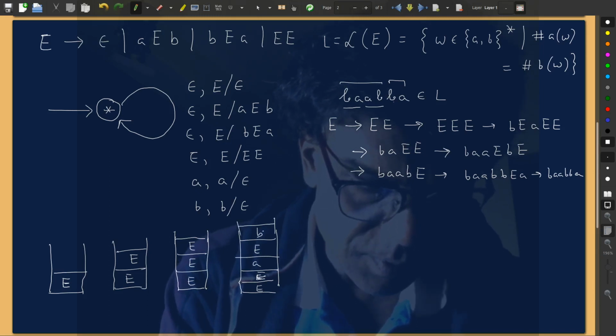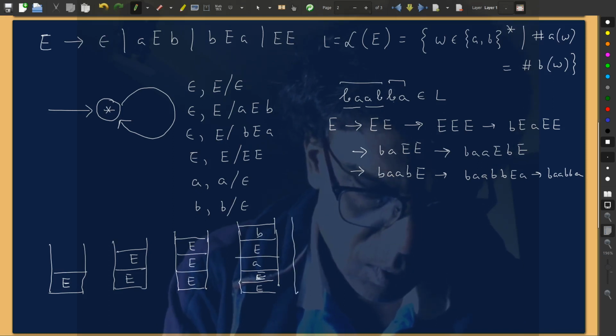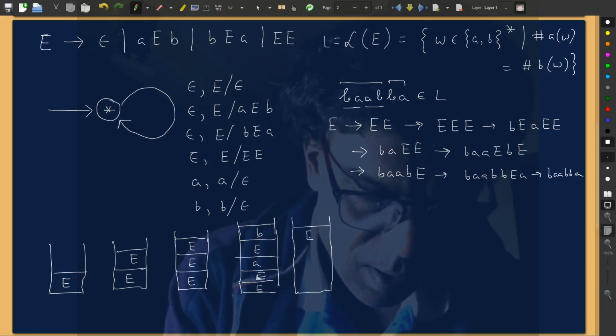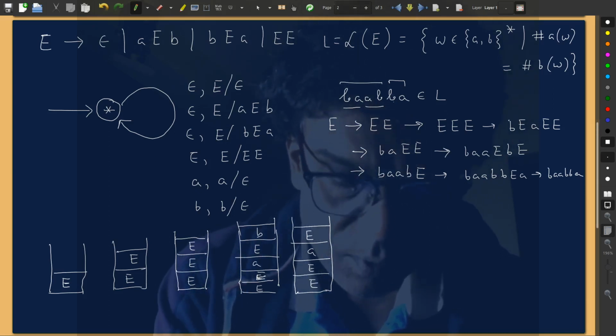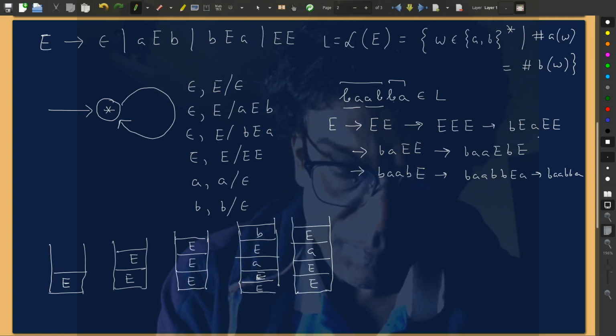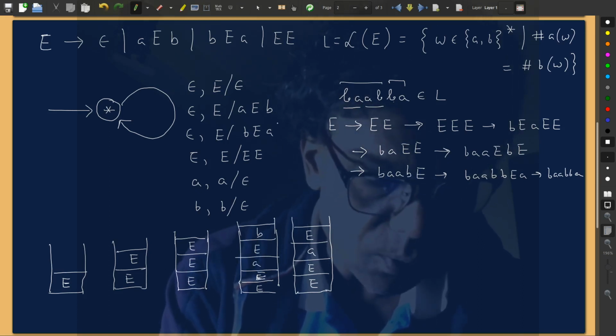Next, this is not a non-terminal symbol, so I apply this rule. If I see B on the top of the stack, I simply consume it. So this now becomes E, A, E, E. Then I apply the rule E can be epsilon.